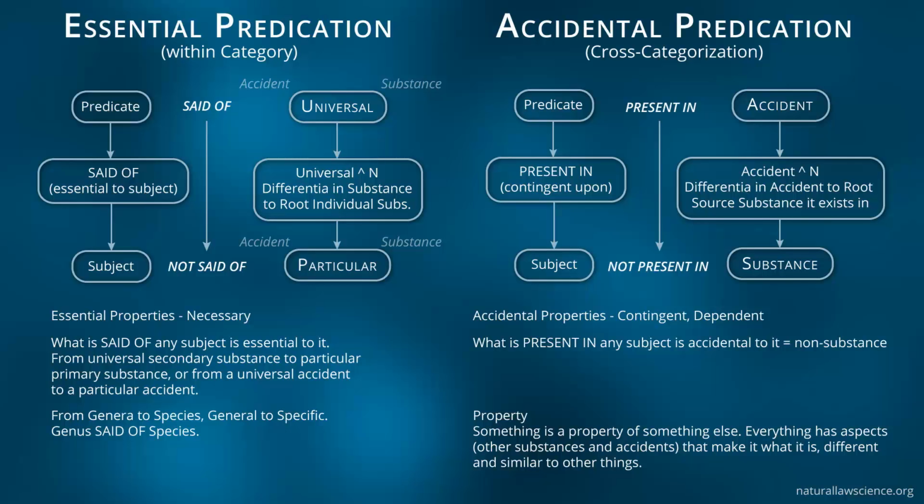The property is something that is a property of something else. Everything has aspects, other substances and accidents that make it what it is, different and similar to other things, which is what I was explaining in the 10 categories of being in infographic 10.